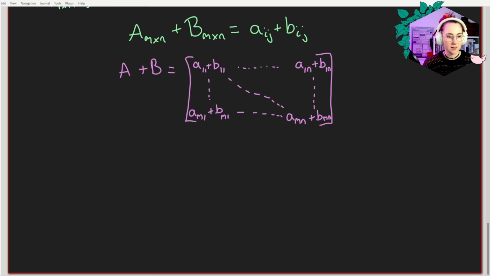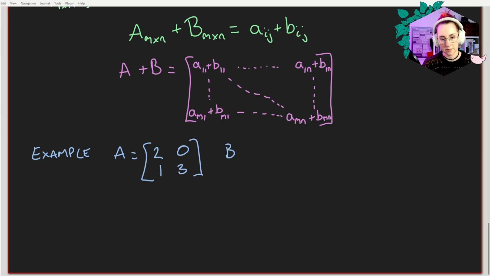Okay, so let's do an example. Let's say A is 2, 0, 1, 3, and B is minus 1, 1, 0, 1.